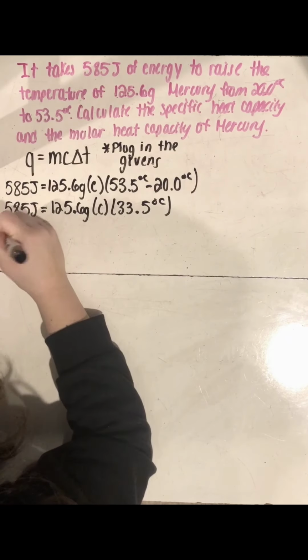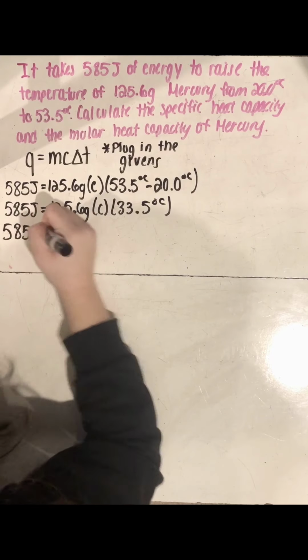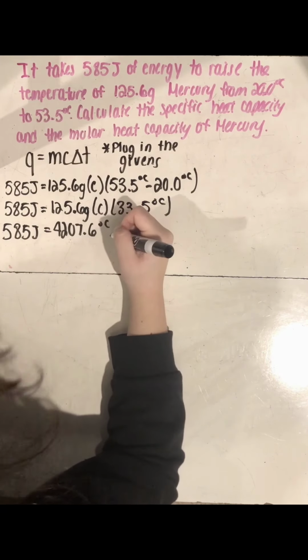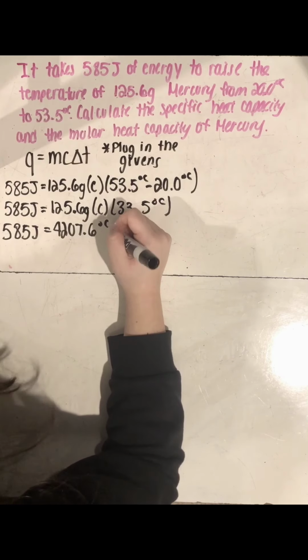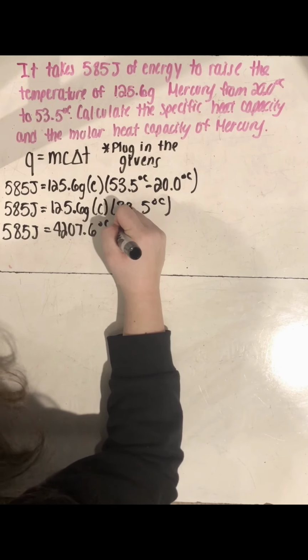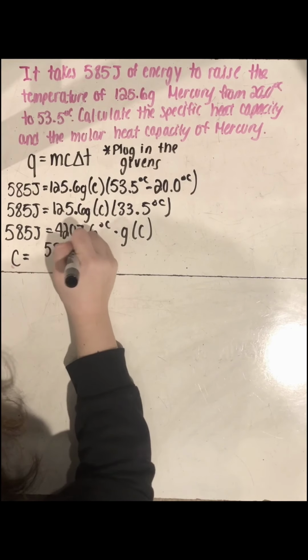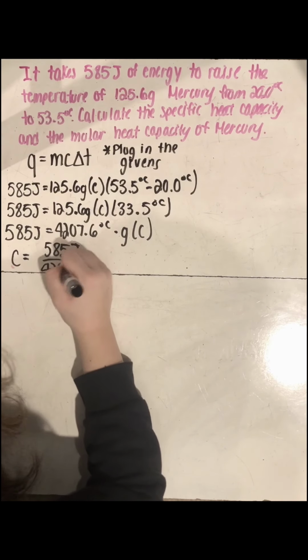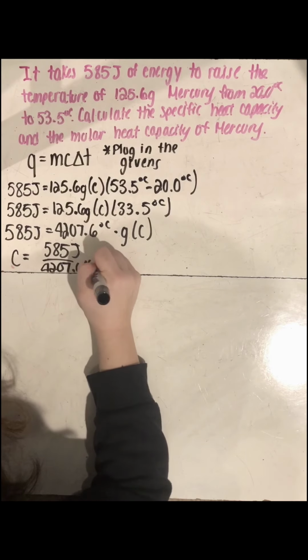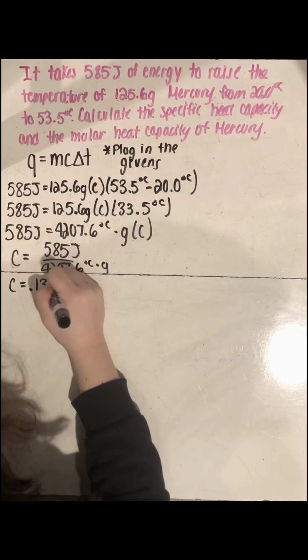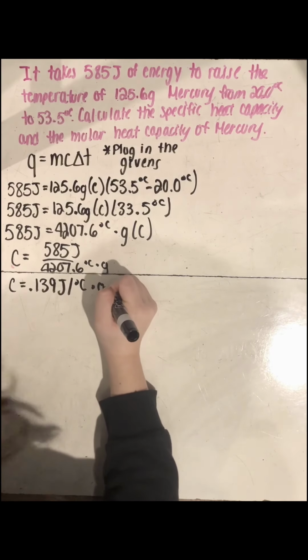We are going to condense it even more: 585 joules is equal to 4,207.6 degrees Celsius times gram times the specific heat. I multiplied 125.6 times 33.5. Finally, divide 585 joules by 4,207.6 to get the specific heat of Hg to be 0.139 joules per gram degree Celsius.